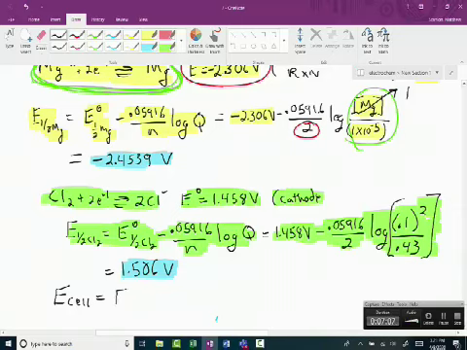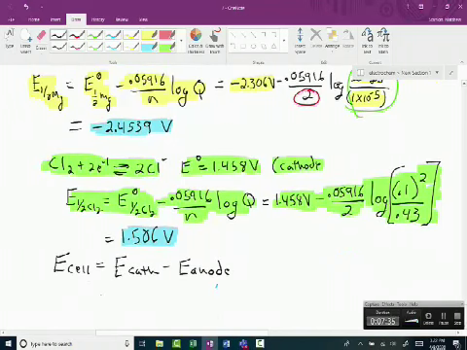Okay? And so now the last step to this method is to do E of the cell, which is equal to E of the half cell for the chloride, the cathode, minus E of the anode. I don't have my naughts in there because they're not naughts. So E of the cathode is the chlorine, which is 1.506 volts, minus E of the anode, which is negative 2.4539 volts.